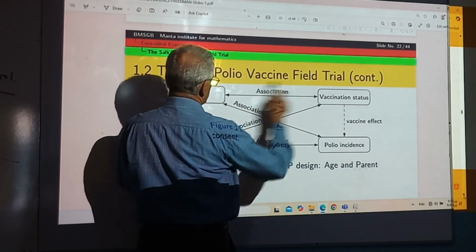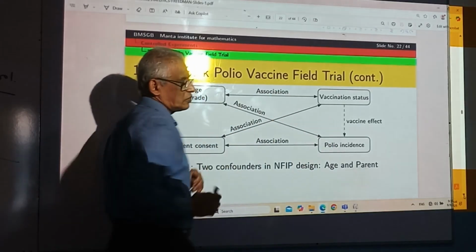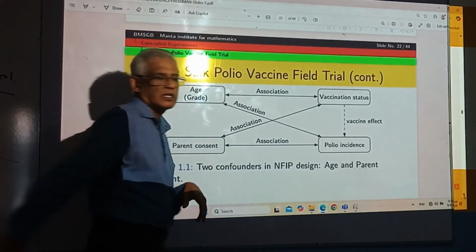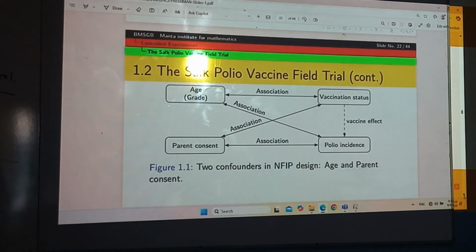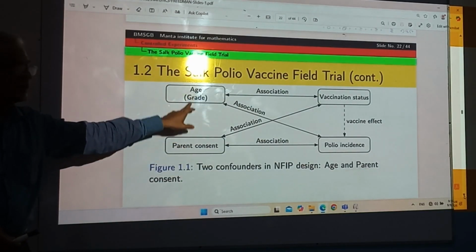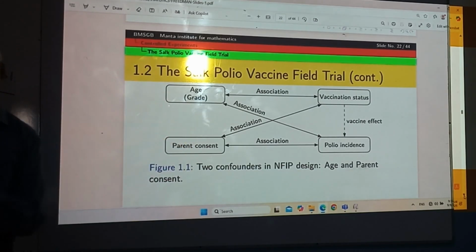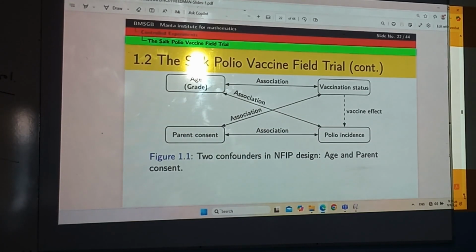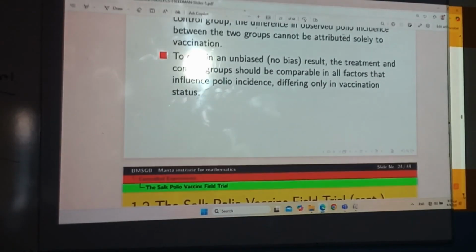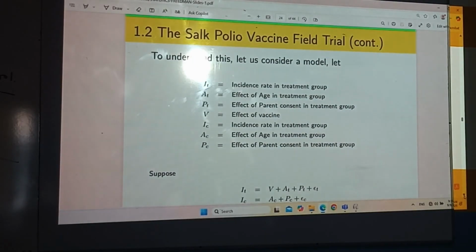So there is an association between this and that, and also this one is also a confounding variable because there is an association, and that's what we discussed earlier. So in the previous note, the graph was a little bit wrong. Actually, I had wrongly put an arrow here also. So that's about the confounding.